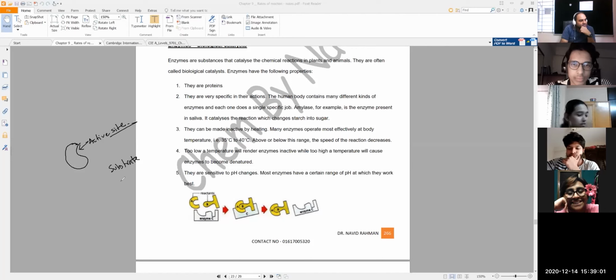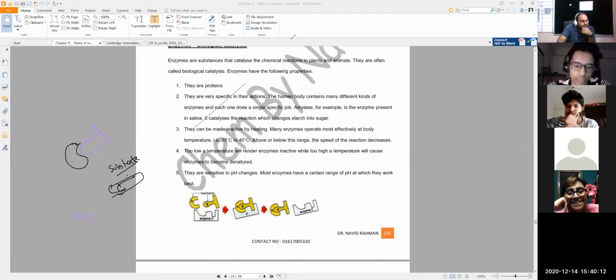The substrate has to have a shape which is complementary to the active site. So this is the substrate which will have a shape complementary to the active site, and then they're going to form an enzyme substrate complex.